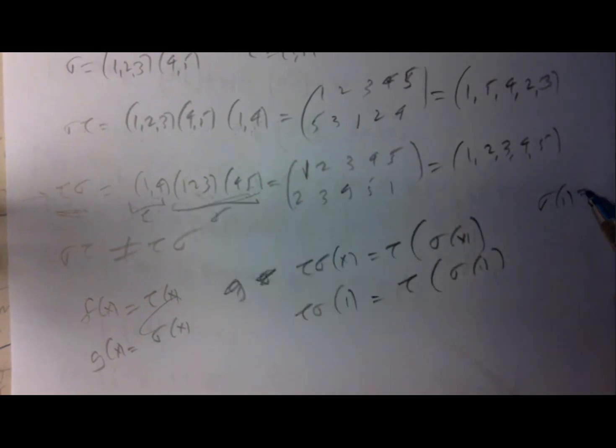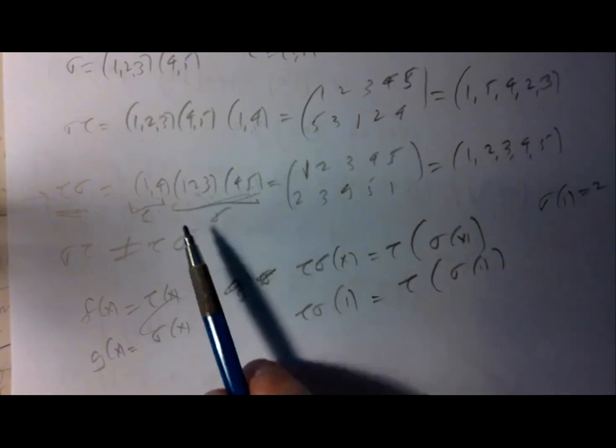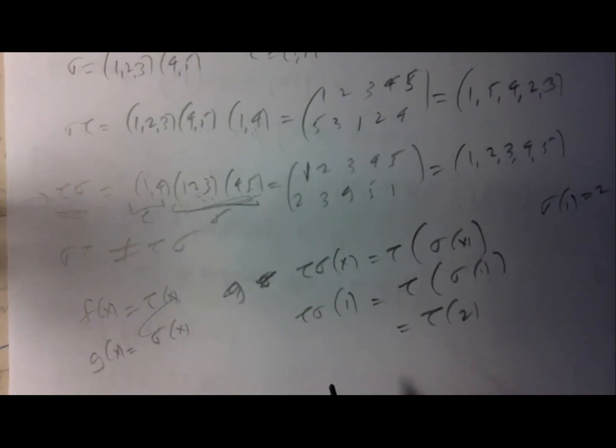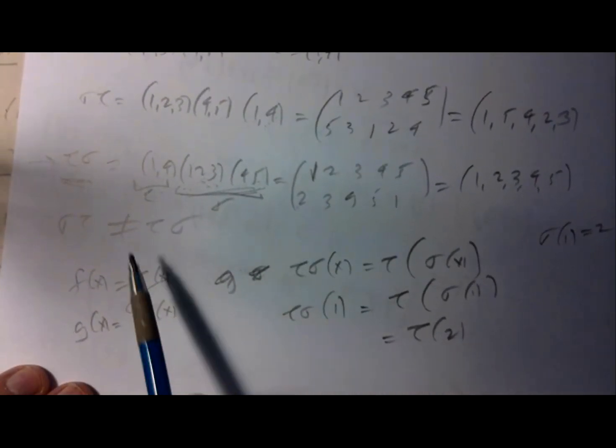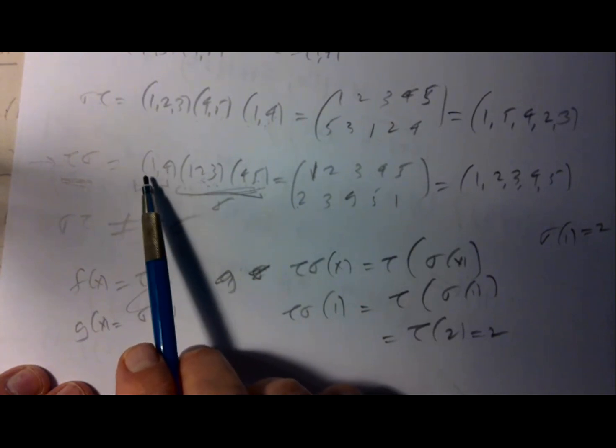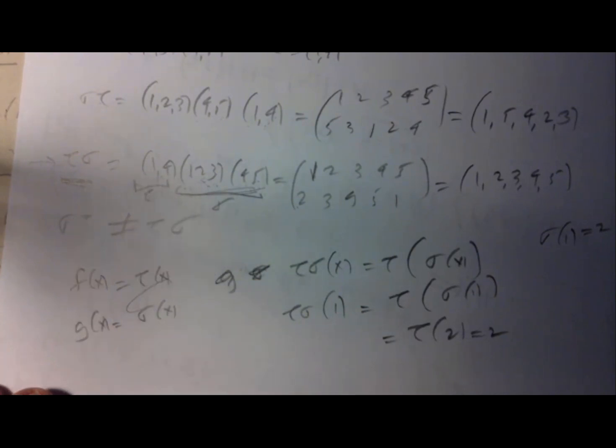Sigma of 1 is 2, right? Sigma sends 1 to 2. So this is tau of 2. What is tau of 2? It's 2. Tau sends 1 to 4, 4 to 1, 2 to 2, 3 to 3, and 5 to 5. Okay. Thank you.